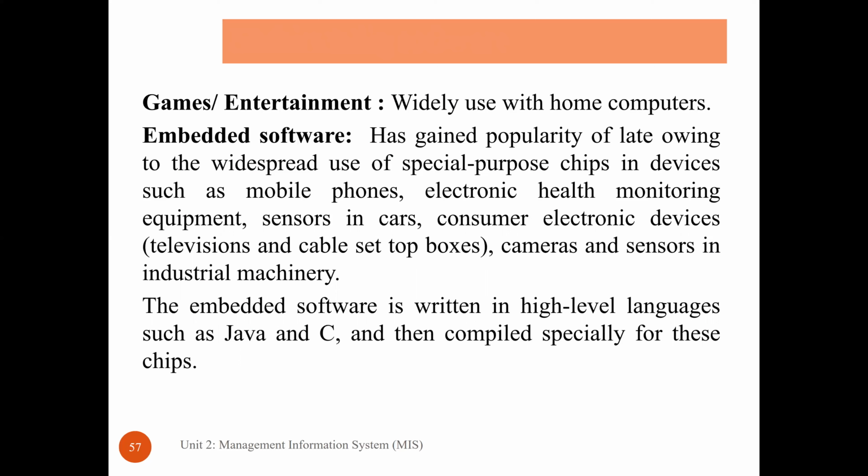Mobile phones, electronics, health monitoring equipment, sensors in the car, and consumer electronic devices like televisions and cable set-top boxes also use embedded software. When we operate a TV with a remote, that is an example of embedded software, because there is communication between the TV and the remote through chips, by sensing light. There are also cameras and sensors in industrial machinery.